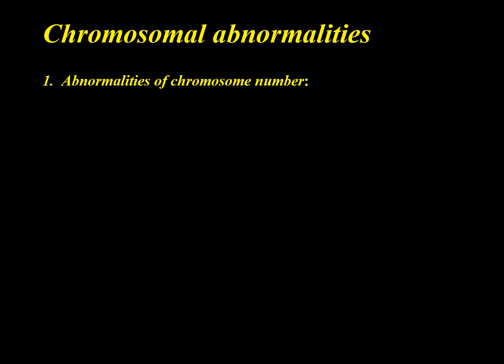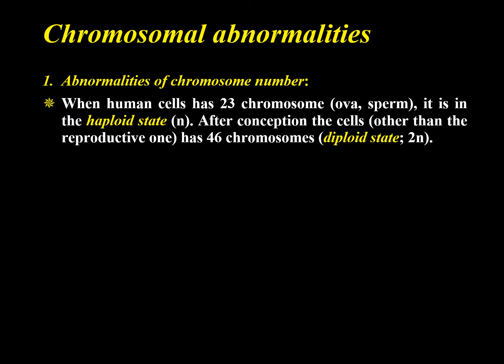Abnormalities of the chromosome can be divided into two main types. These are the abnormalities in the chromosome number, which are called numerical chromosomal abnormalities. When the human cell has 23 chromosomes, I mean the ovum or the sperm, it is in the haploid state.